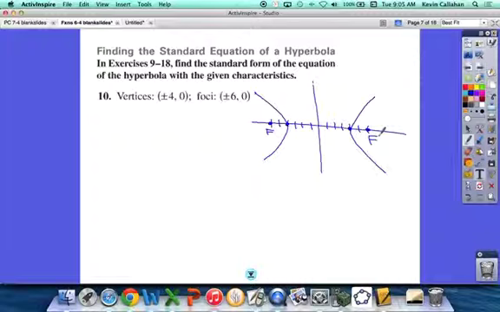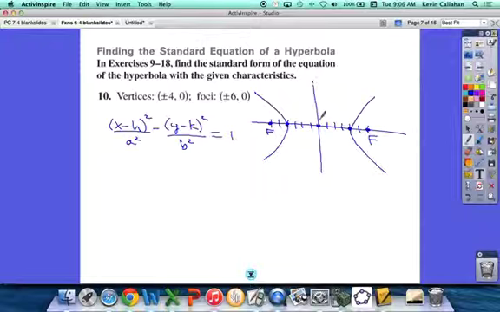Okay, so is this horizontal or vertical? Clearly it's horizontal, so we need this form, x minus h squared over a squared minus y minus k squared over b squared equals 1. What is the center? The center is right here, 0, 0.